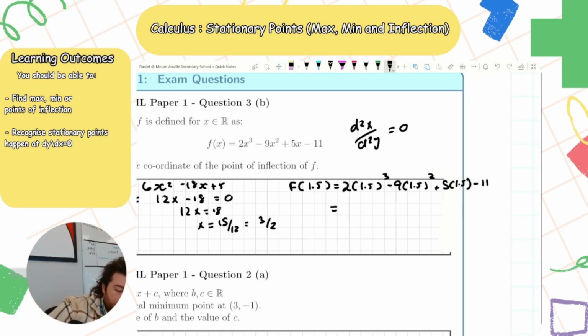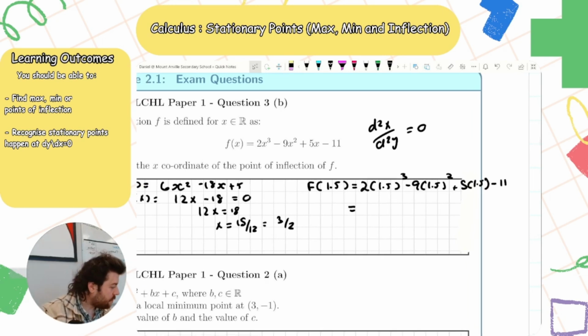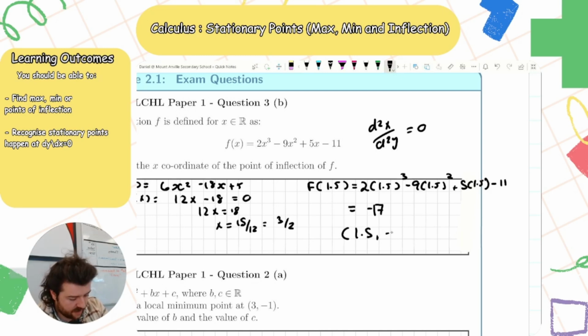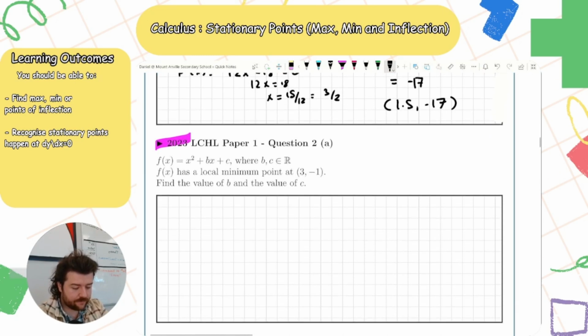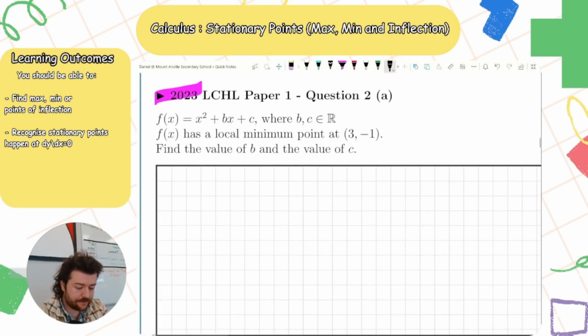That will give me minus 17. So therefore my point of inflection will be (1.5, -17). So at the point (1.5, -17), that is where this curve goes from concave up to concave down. Let's look at this one now.